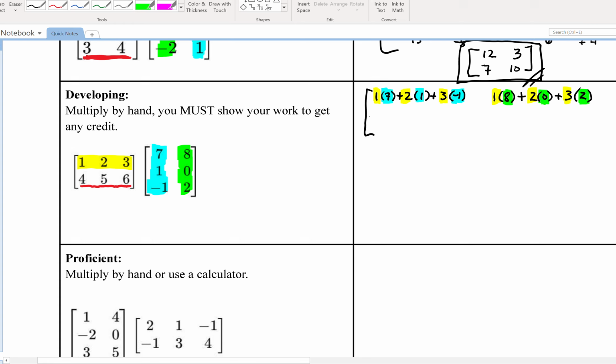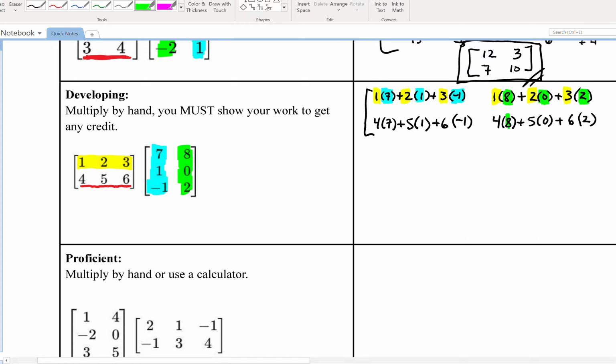So from there, on the bottom, I'm going to have 4 times 7 plus 5 times 1 plus 6 times -1. And over here, same thing. 4 times 8 plus 5 times 0 plus 6 times 2.